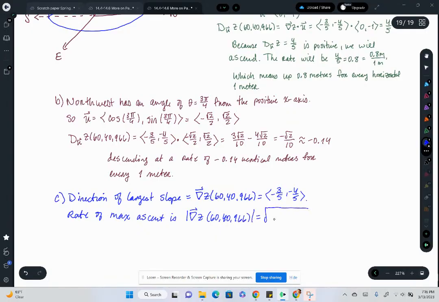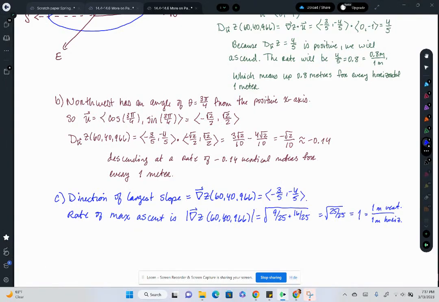And that will equal the square root of the sum of squares, so 9 over 25 plus 16 over 25. And that will equal the square root of 25 over 25, which is 1. And that 1 can be written as 1 meter vertical over 1 meter horizontal, if we want to kind of understand what the rate is meaning there.